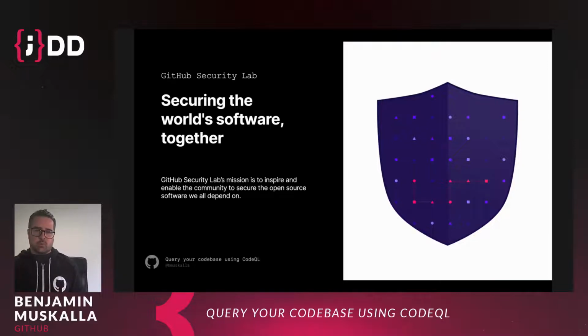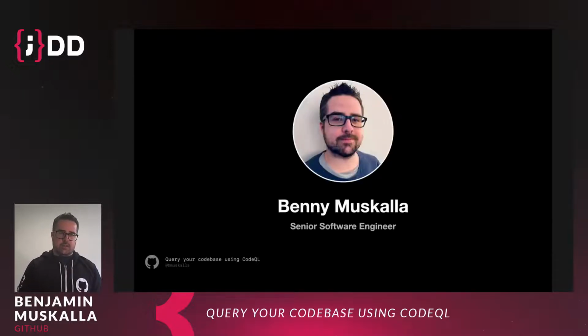And so it's super important for us at GitHub to ensure that all those components are secure, that we all work together to secure that ecosystem. And the Security Lab is a team in itself, and they use the tools that we also build at GitHub itself. And so this is where I come into play.